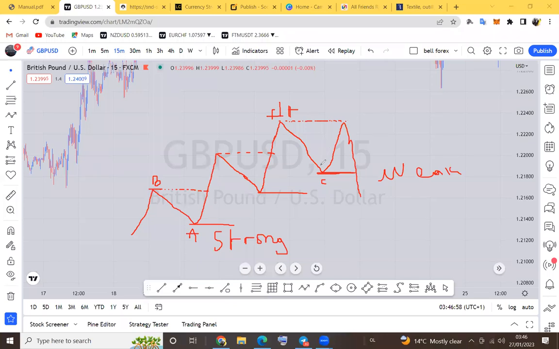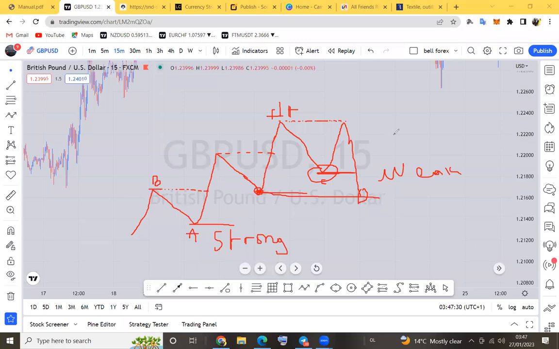And when a weak structure is broken, it doesn't necessarily mean that the trend has changed, because the trend only changes when the strong structure has been broken. If you want to look at the lowest structure, this is a structural low and this is a structural high because a new high was not formed. Until this guy is broken, that's where we are going to confirm that this trend has finally changed.